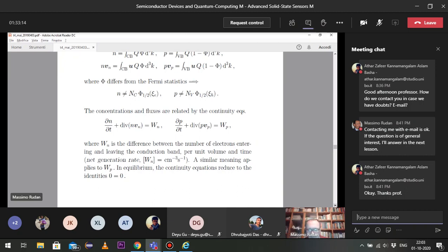Providing an expression for the current density essentially amounts to describing the transport of carriers in the material, expressing the laws by which particles move, that is, are transported across the semiconductor material.